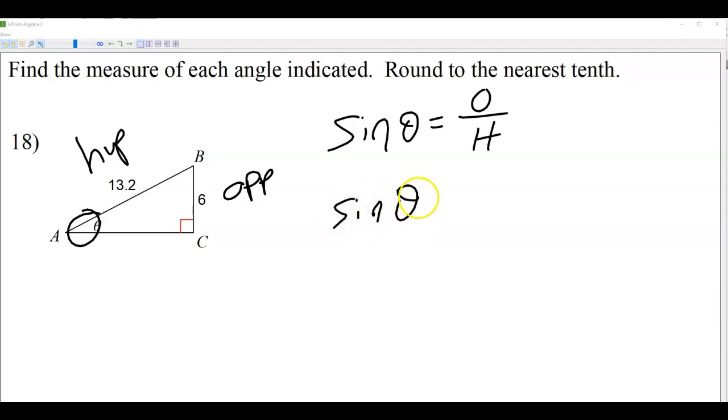I don't know my angle, but I do know the opposite is 6, and I know that the hypotenuse is 13 over 2, or 13.2. And now I need to find the angle. So I need to get rid of this sine so I get theta by itself. And the way that we get rid of sine is by doing arc sine on both sides of the equation.